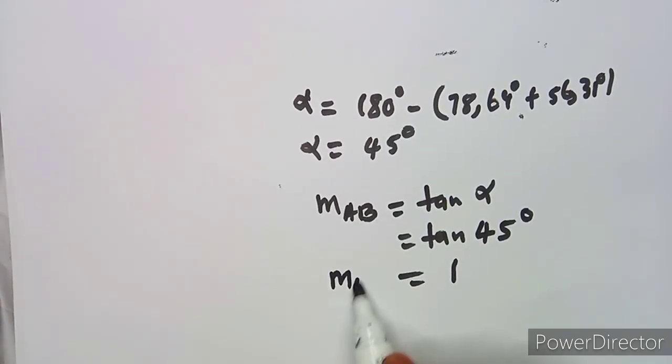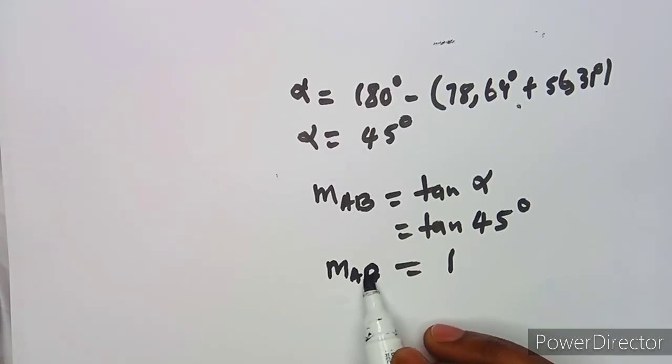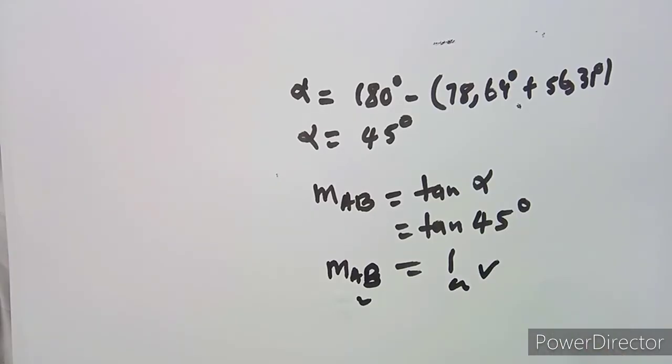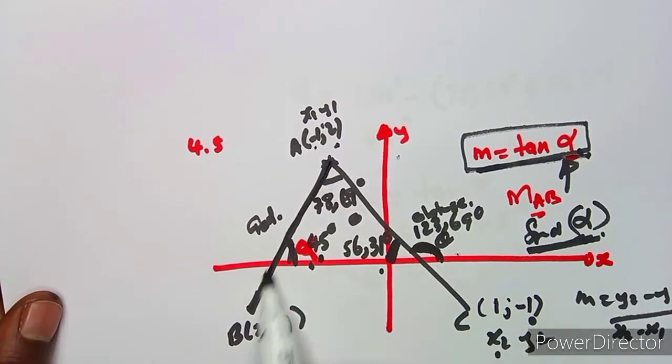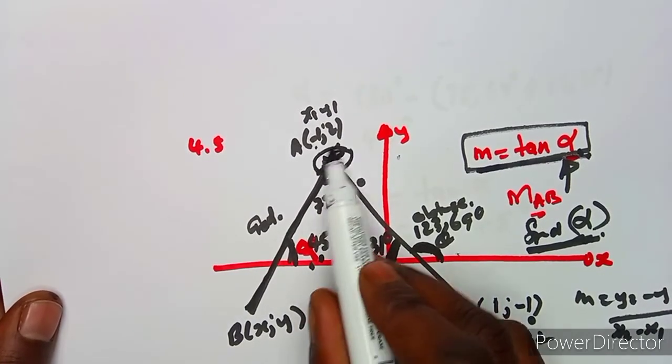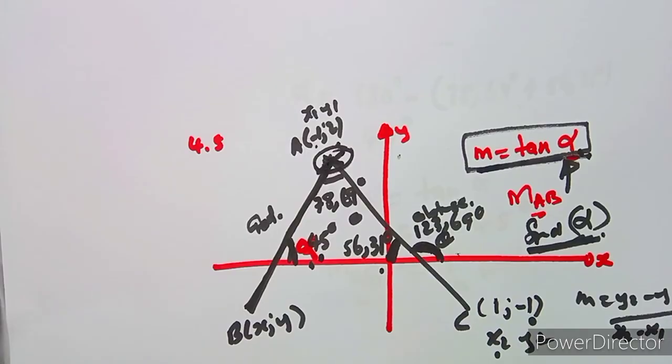So we have the gradient of line AB, guys, which is 1. We know that when we've got the gradient and a point, because A is a point on AB, we can utilize that to find the equation.